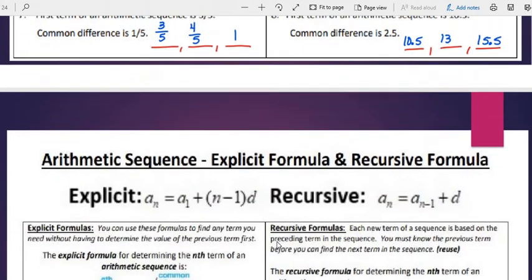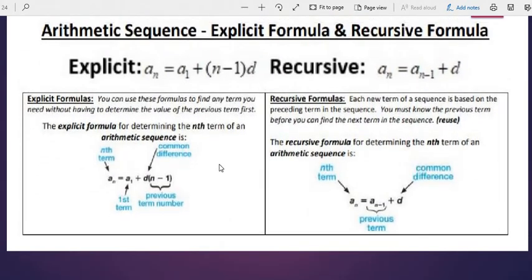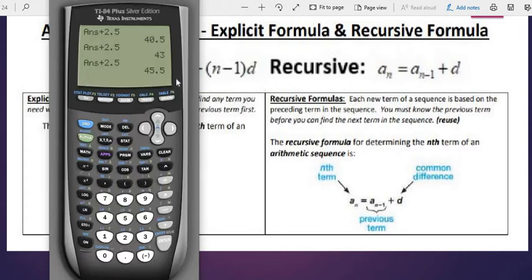Now, when I look at this next one right here, we're going to use the explicit formula. The thing that you must write that must be the same is this n has to be the same n number as right here. So the recursive rule, what you just did, we reused the last term that you had right here.